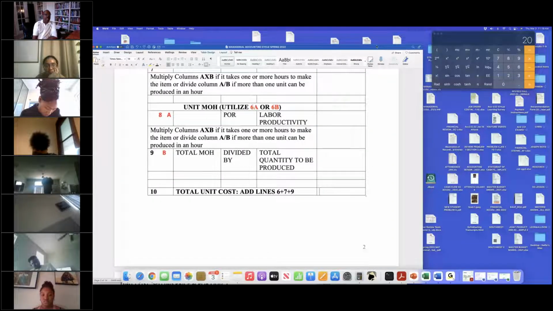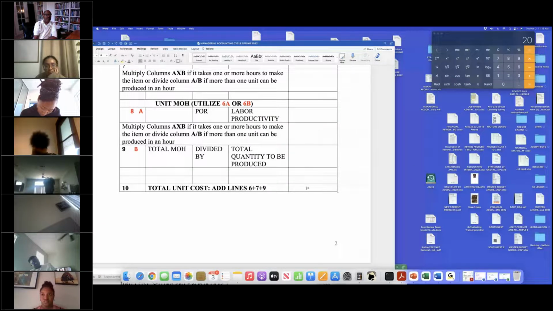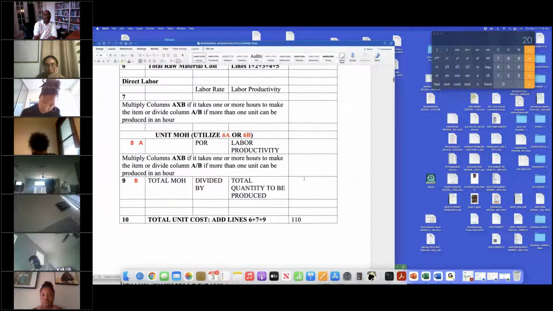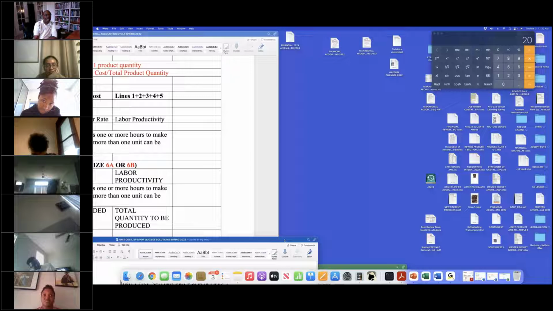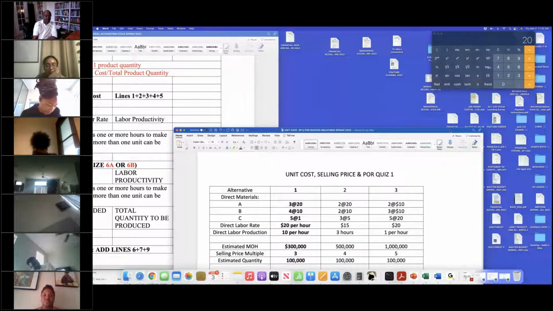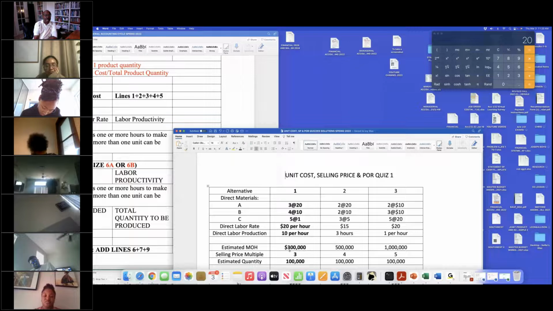So what was our selling price in that case? 330. How did we get 330? 110 times 3. So that selling price multiple was 3. We simply multiplied that to get our selling price.